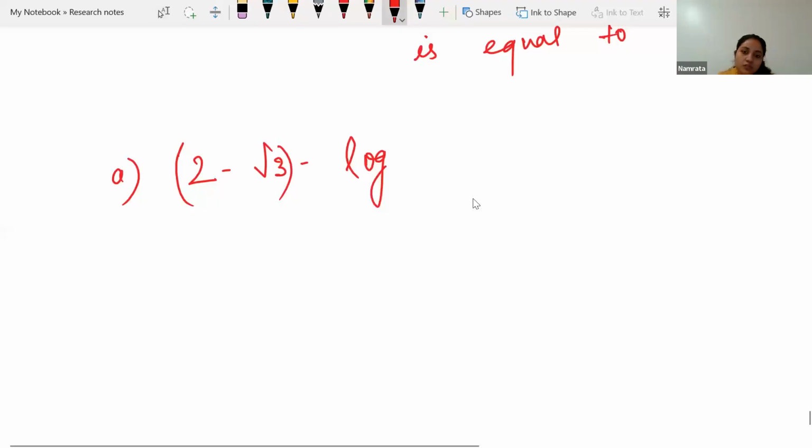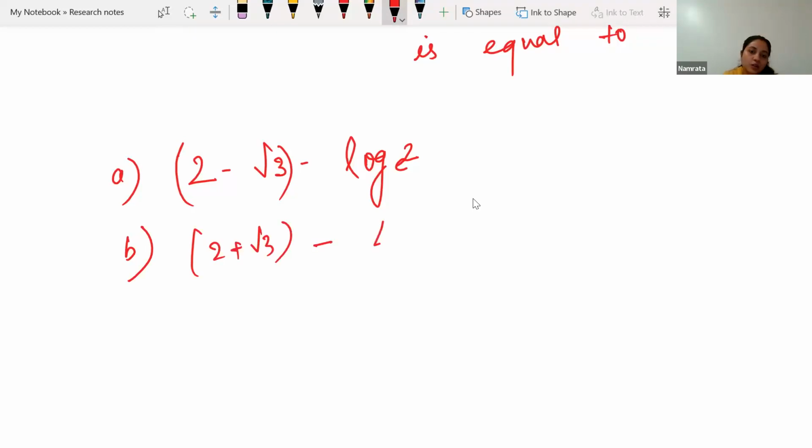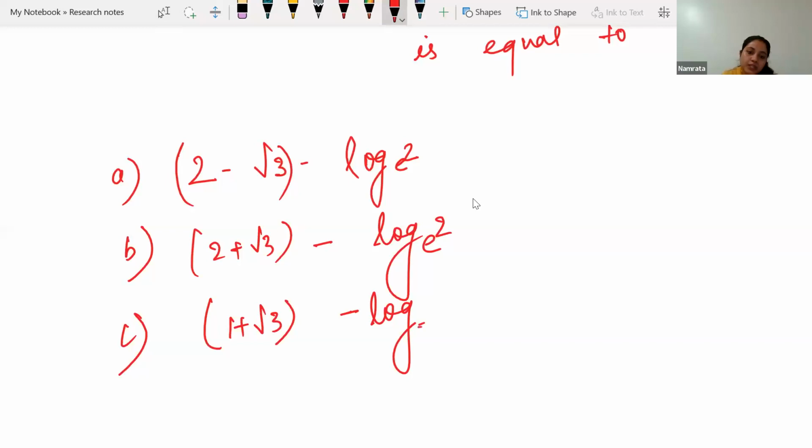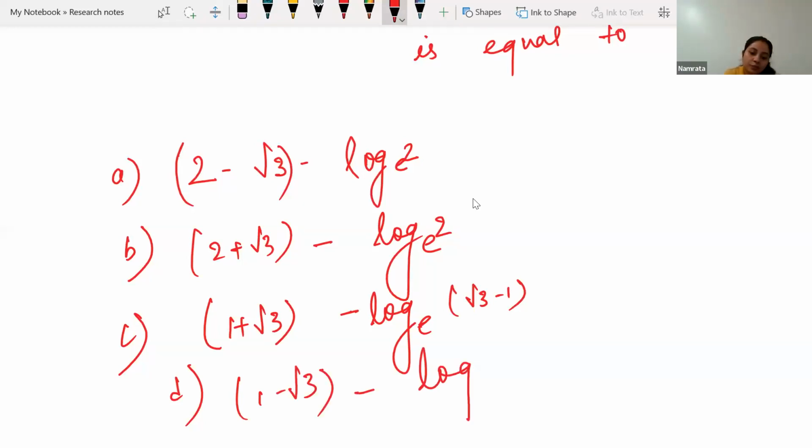Let's continue. So this is what we are having as option A. Option B is 2 plus root 3 minus log 2 1 plus root 3 minus log base e root 3 minus 1, and D is 1 minus root 3 minus log root 3 minus 1 base e. Okay, this is what we are having.